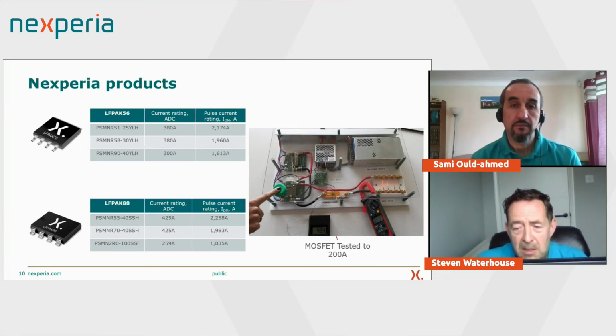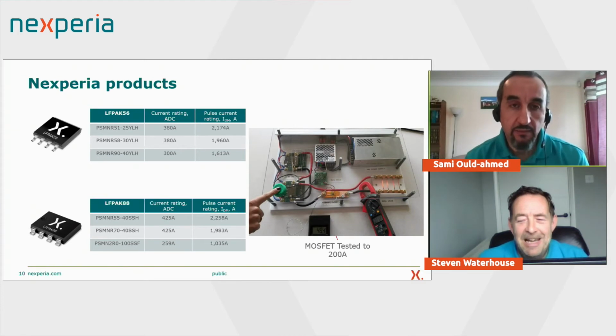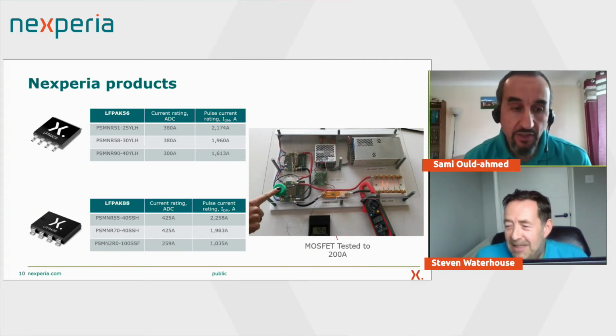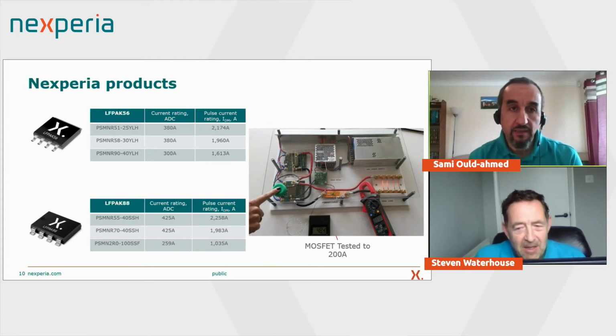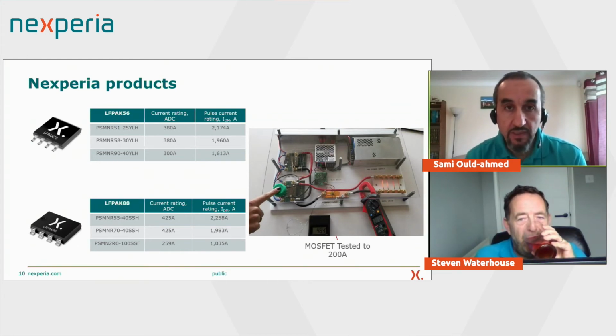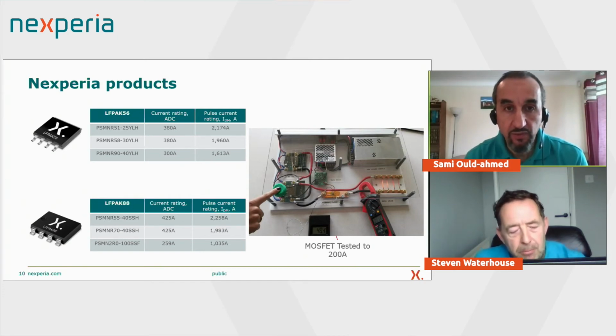Okay, thanks, Stephen. The next question is: if I have a short circuit in my application and the current exceeds the ID, would it result in 100% failure of the MOSFET? I can take that one, Stephen, if I may. First of all, just to establish, the continuous current applies to DC conditions. Now, short circuits all depend on the actual pulse.